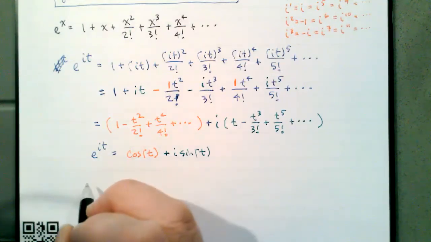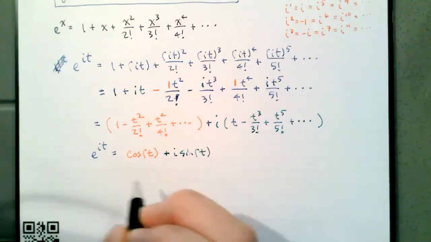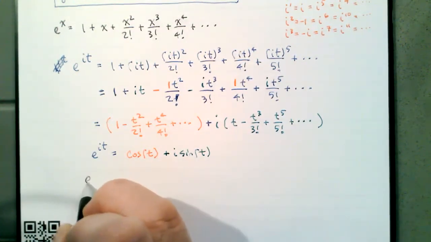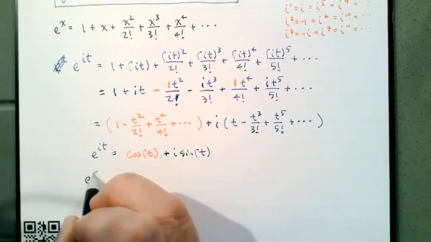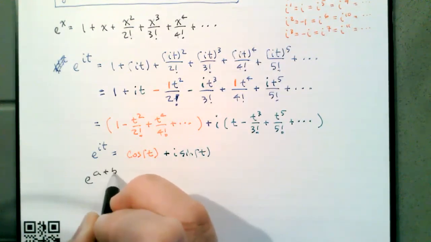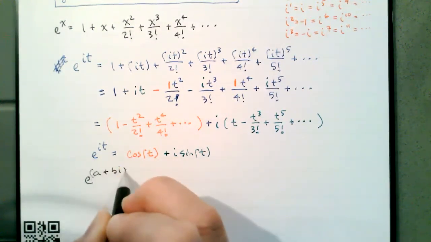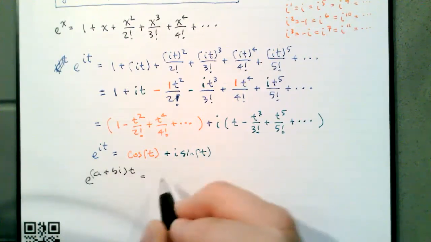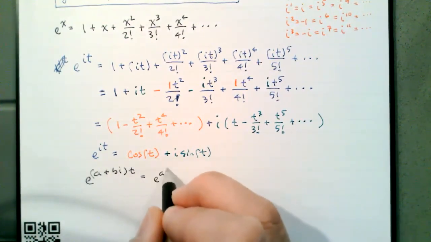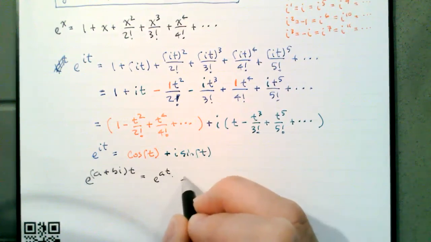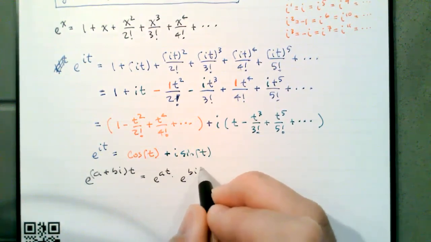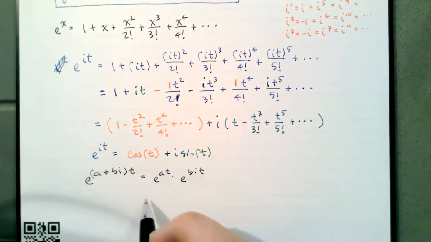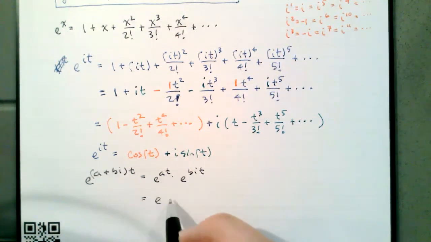we can adapt this to e to the a plus bi times t. I can separate out an e to the at, and I multiply by e to the bi times t. e to the at will just keep as e to the at.